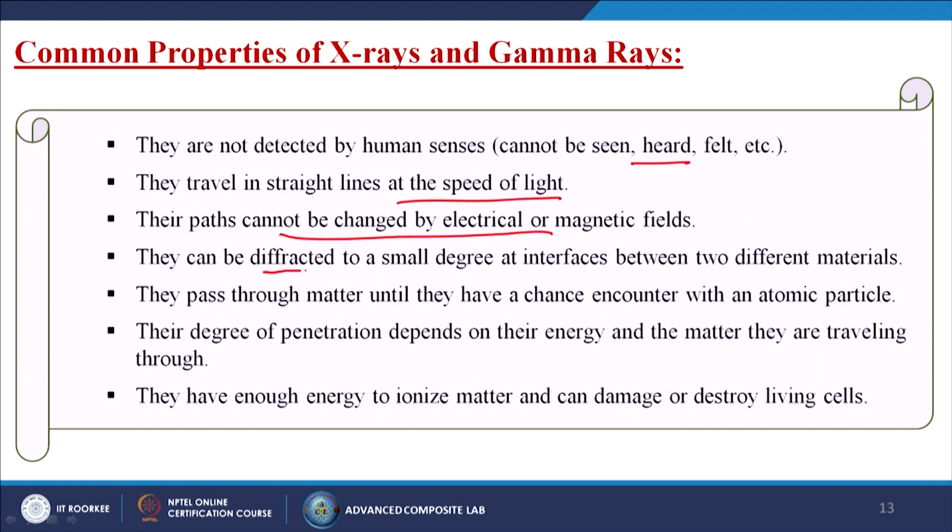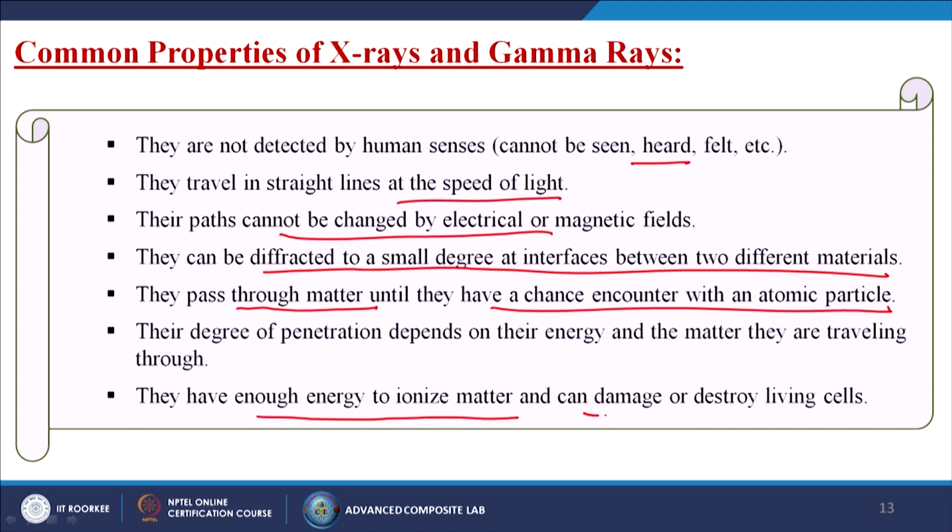They can be diffracted to a small degree at interfaces between two different materials. They pass through matter until they have a chance encounter with an atomic particle. Their degree of penetration, as I told already, depends upon the thickness of the material, the activation energy, and the density of the material they are travelling through. They have enough energy to ionize matter and can damage or destroy living cells.